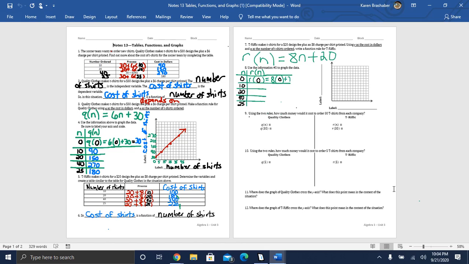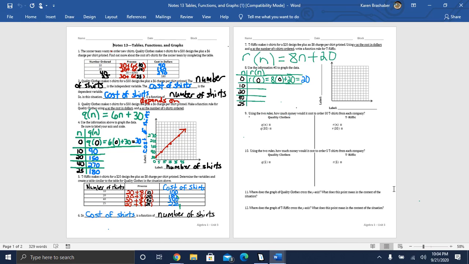So 8 times 0 plus 20 is what this rule would ask us to do, and that equals a cost of 20. So R of 0 equals 20.